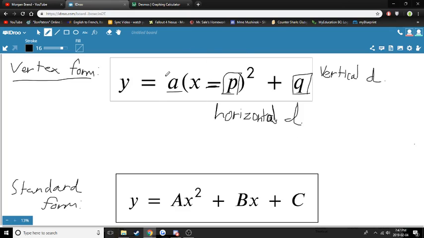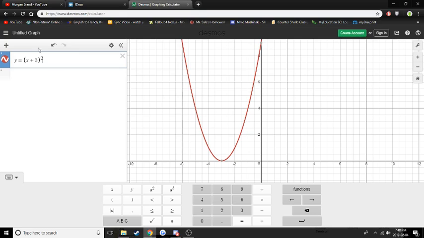And now for a, this is called a vertical expansion. Let's have E for expansion. This one doesn't actually change the vertex of the graph.